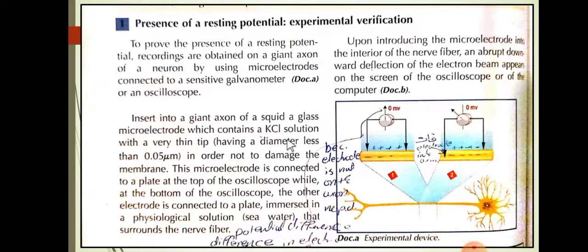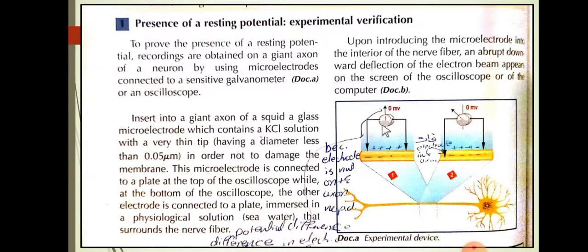But we have an animal called the squid, a marine animal that lives in the sea. This squid has a big neuron, so it can be seen by our naked eye. So the experiment is done on the neuron of the squid. We took this neuron of the squid, and this axon is giant, meaning big axon.